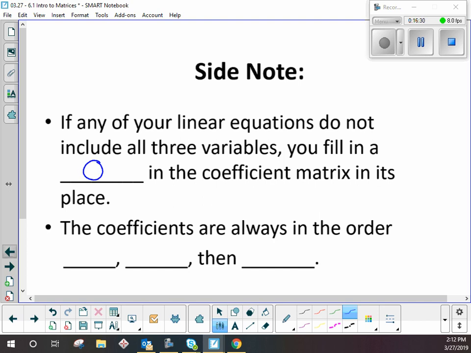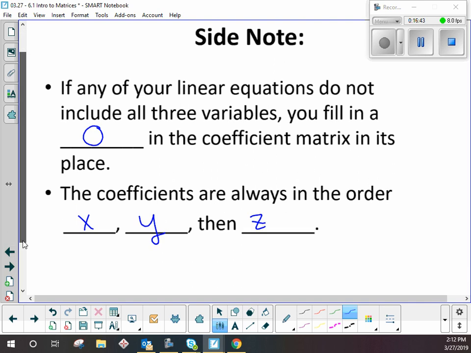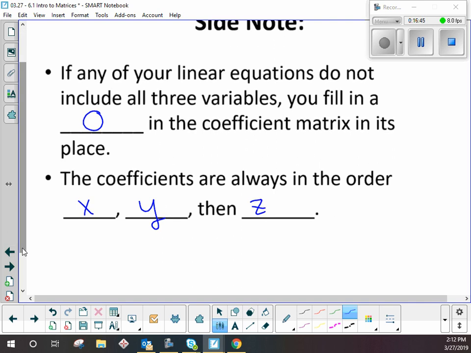A 0. Very good. You don't want to just leave it blank. You need numbers there for math. So you'd put a 0. The coefficients are always in the order x, y, and then z. Just a quick side note, just to be sure you thought about those situations.